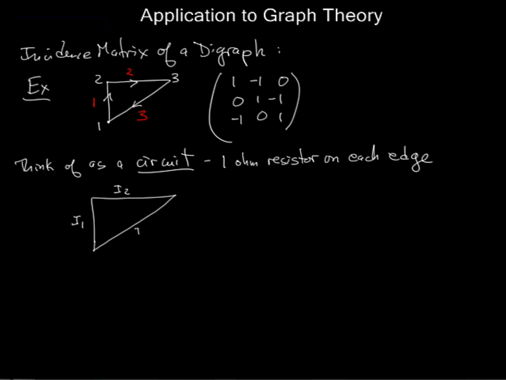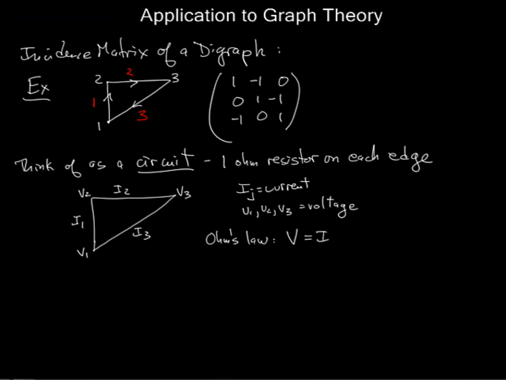And so going across each resistor there's a certain current, and there's a certain voltage difference across each resistor, or you can think of that as being a voltage at each of the nodes. And the basic law from electrical circuits, Ohm's law, says that V is equal to IR. The voltage drop across a resistor is the current times the resistance.